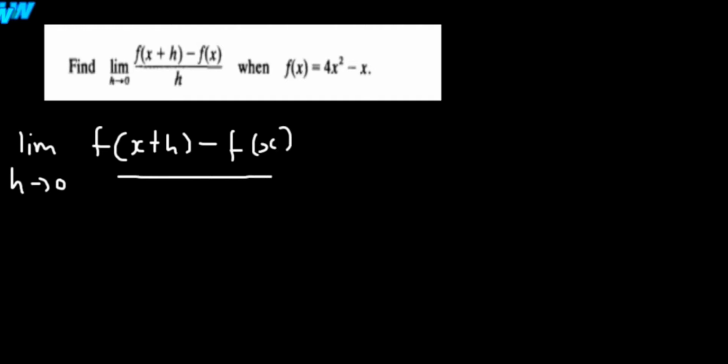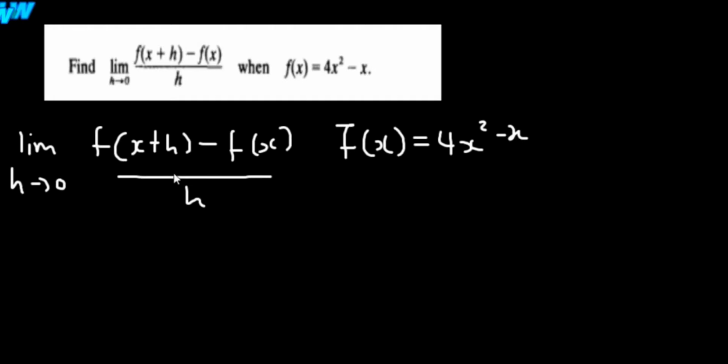So that's the limit as h approaches 0 of f of x plus h minus f of x all over h, where f of x is given to be 4x squared minus x. Okay, so now I know my f of x.